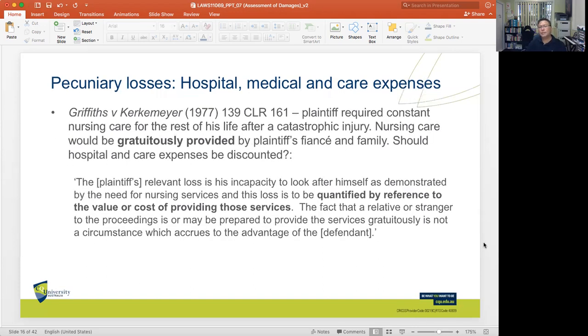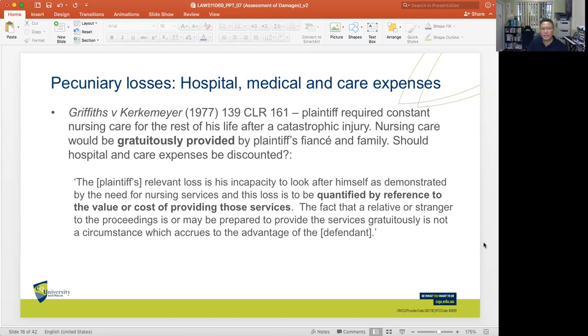Now, one other important issue pertains to gratuitous services, or services which are provided for free. It can typically happen that, for example, in a home care setting, when somebody is injured, it will be a family member who takes care of the injured plaintiff. The question is, should the court consider the cost of gratuitous services?